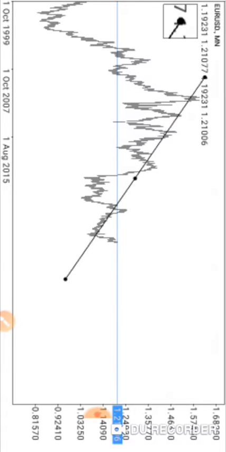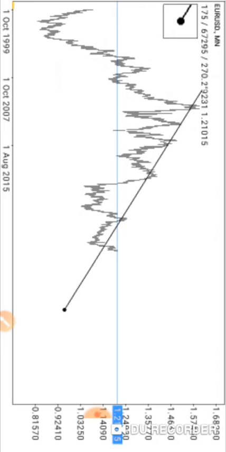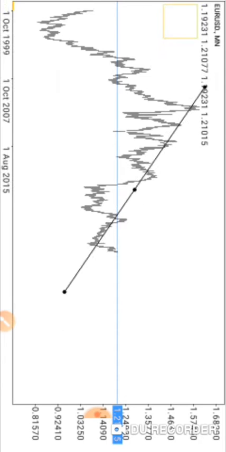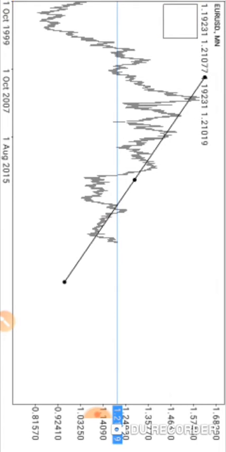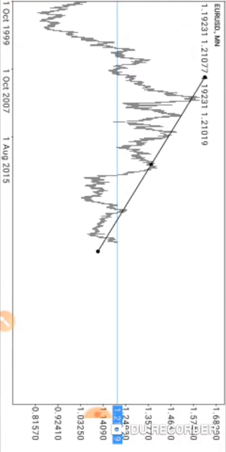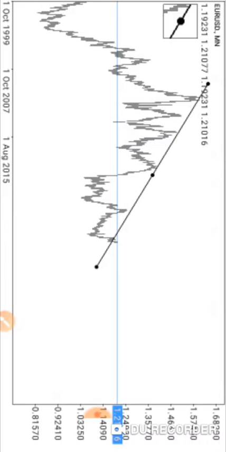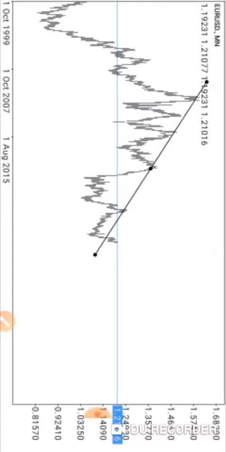I'm trying to draw it. I don't know why it's misbehaving. Okay, I think I've gotten it. Let me try it, guys. Just bear with me a little bit.